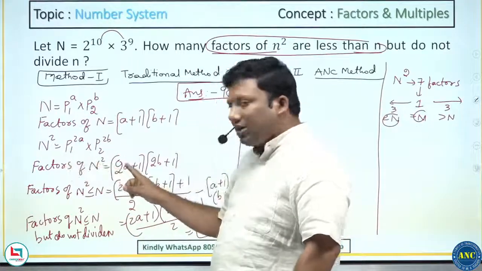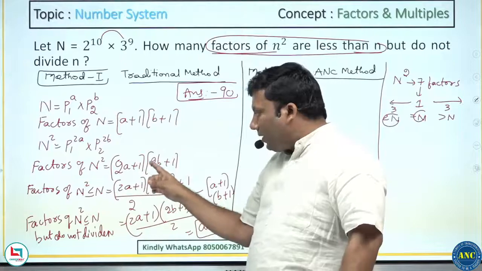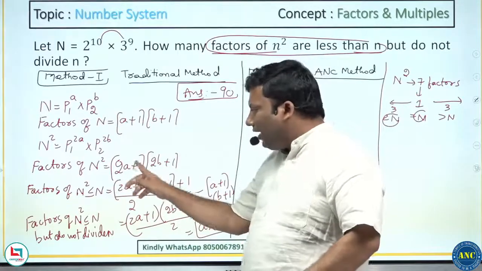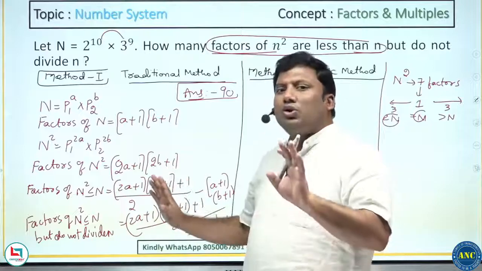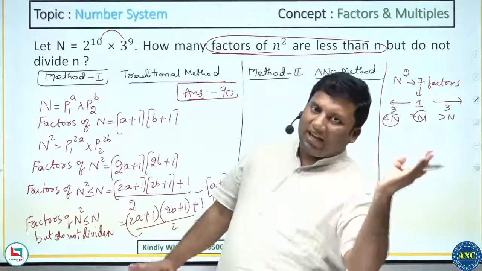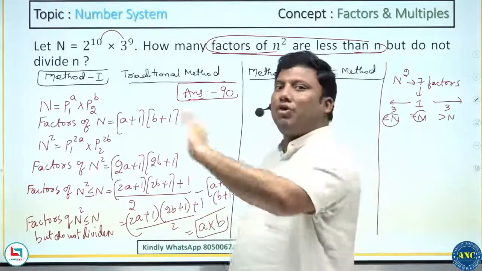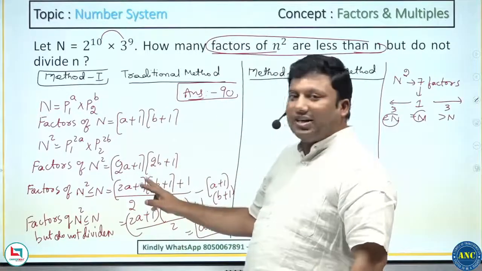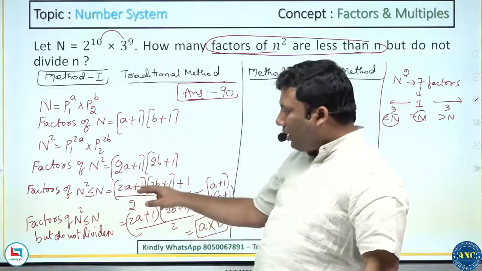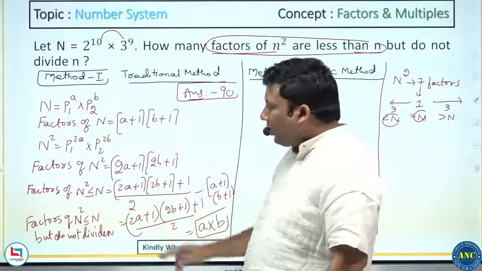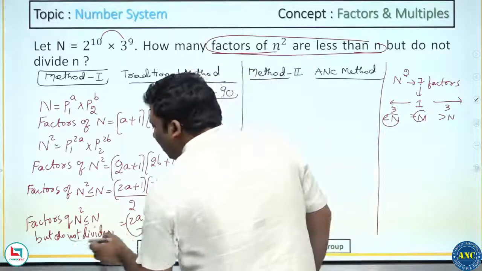Similarly, factors of n square will be (2a plus 1)(2b plus 1). Think with a very low value. A value 1, b value 1. 3 into 3, 9. 9 means 4 cases less than n, 4 cases greater than n. One case it will be equivalent to n. So (2a plus 1)(2b plus 1) plus 1, by 2. From that one, I require those that do not divide n.